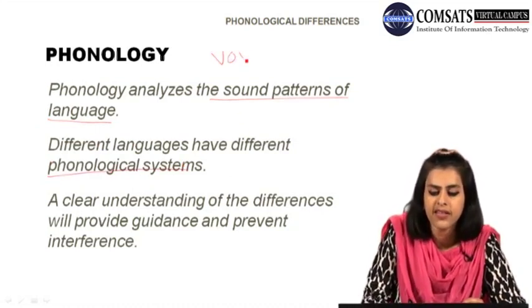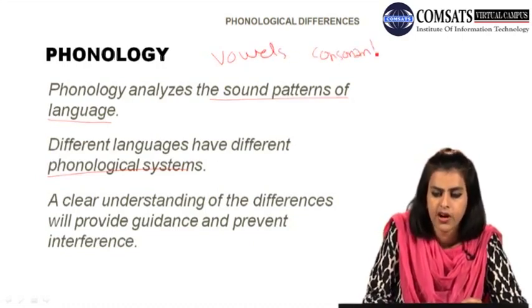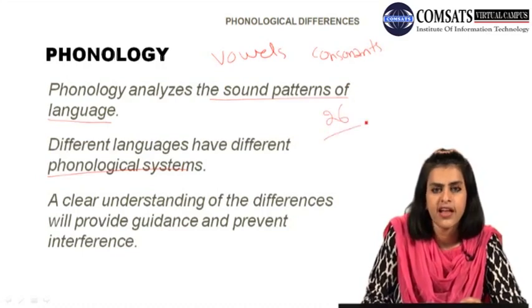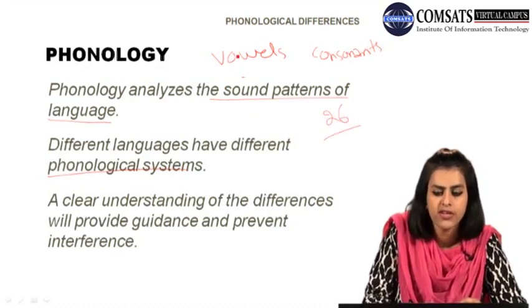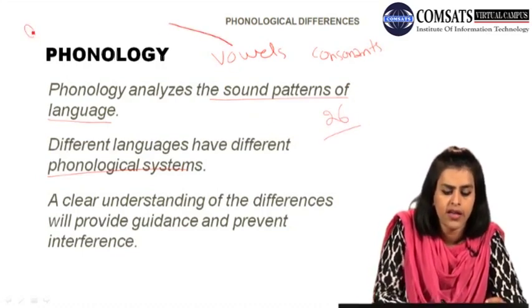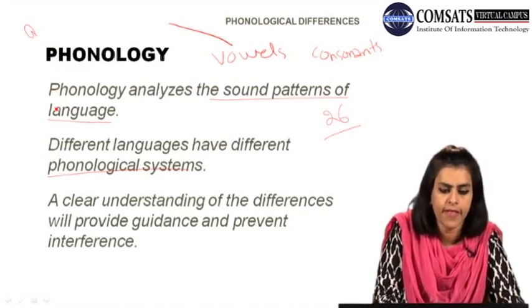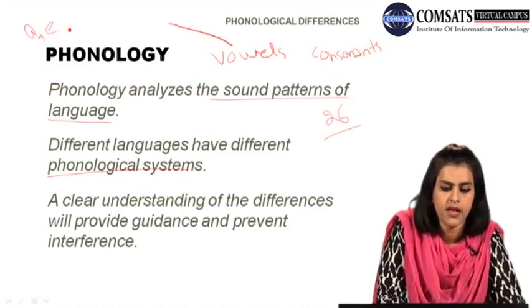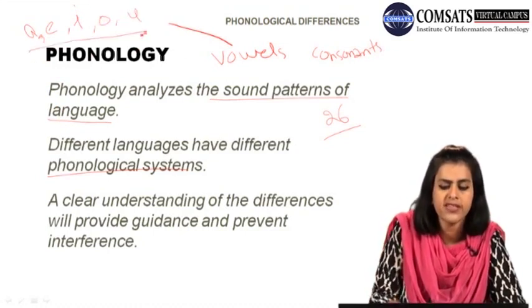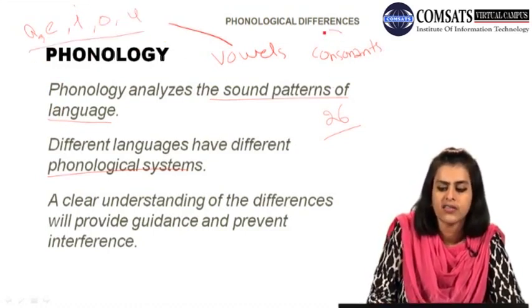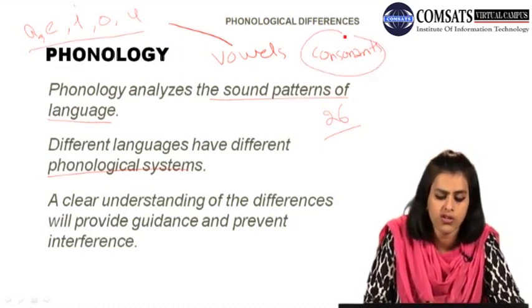There are vowels and there are consonants in the language. Now if we say that there are 26 letters in the alphabet, the vowels would concentrate on A, E, I, O and U. These are our vowels, and the rest of the sounds in the language are known as your consonants.